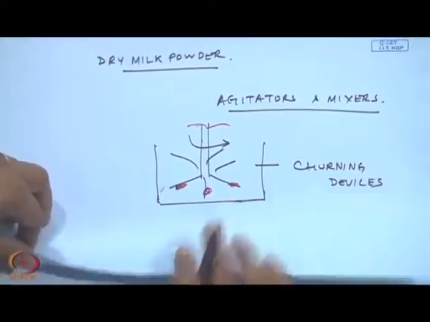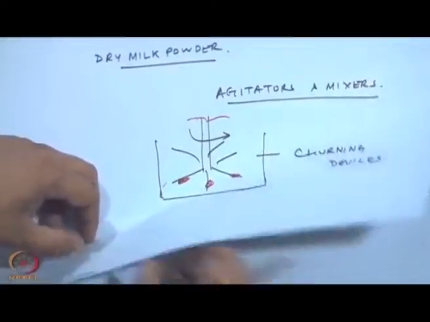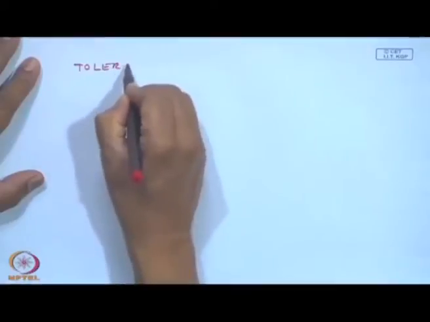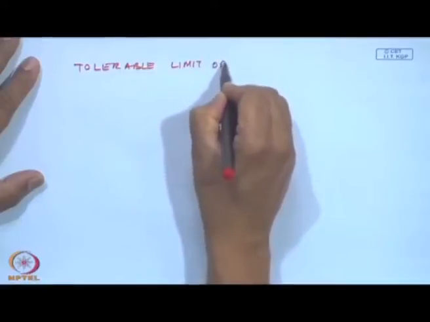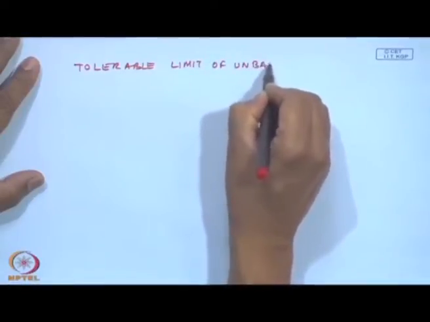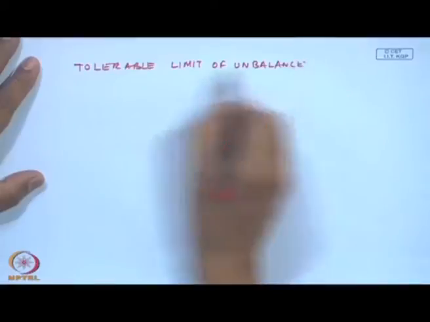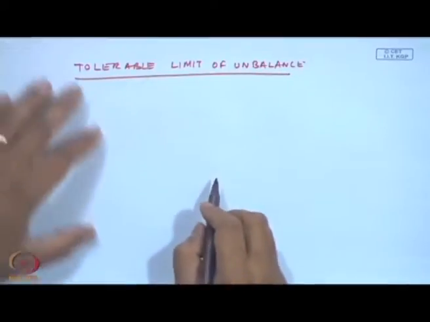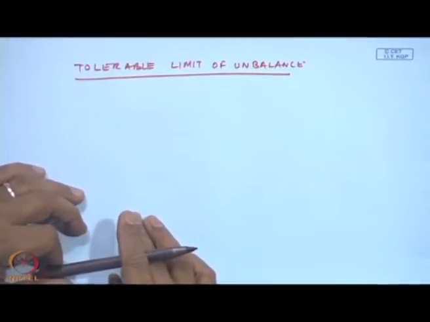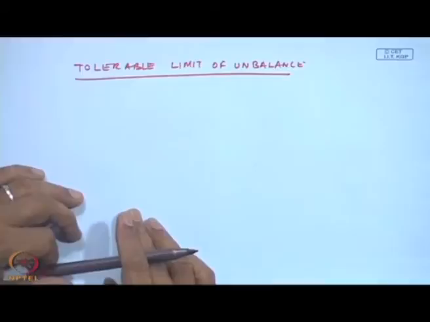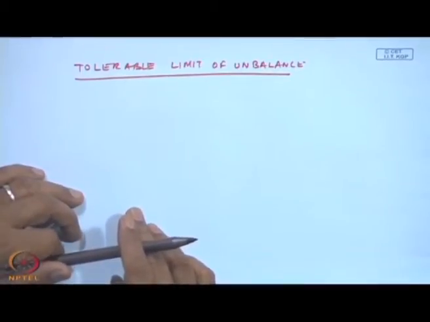And then the question is, what is the tolerable limit of unbalance? See, everything can be balanced, but how much should this force be reduced to, and how much should be acceptable?